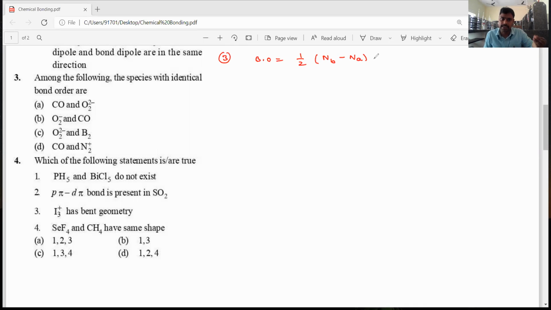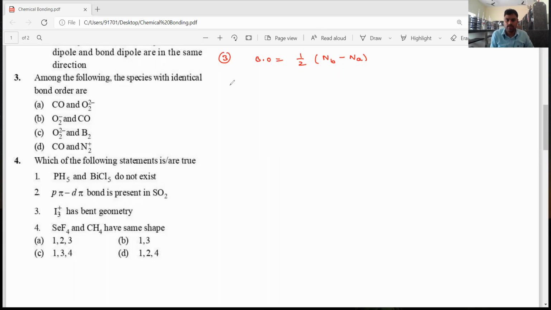We have to write the molecular orbital electronic configuration of all the molecules or ions, and after that we have to calculate the bond order. That's why I will give you one shortcut trick, so you have to follow that. We can identify bond orders as well as magnetic natures very easily.